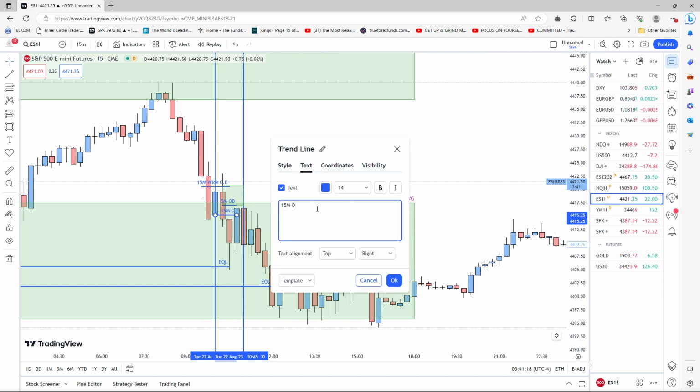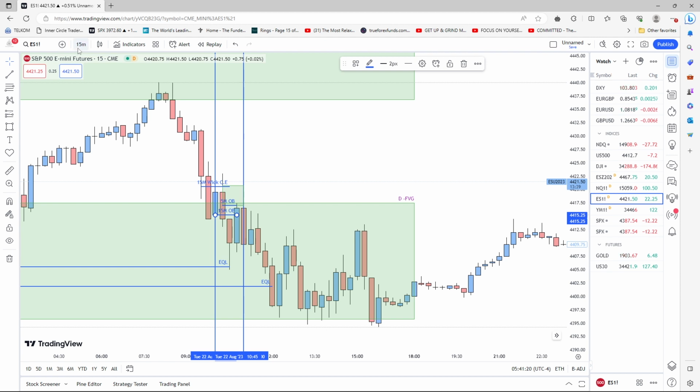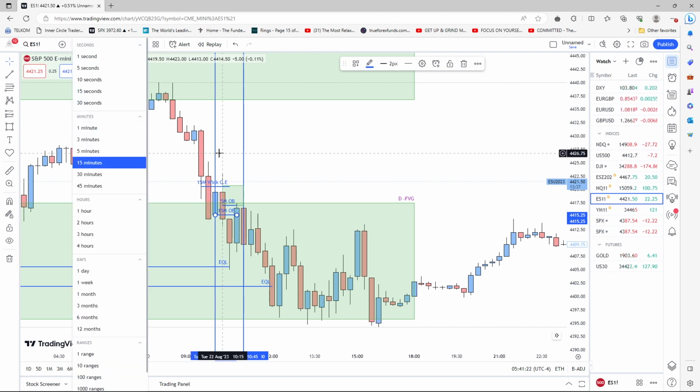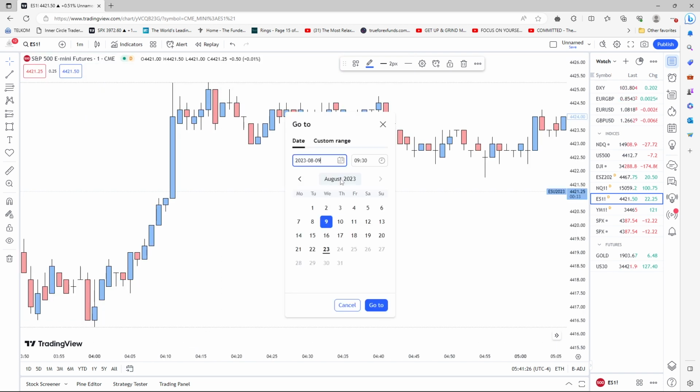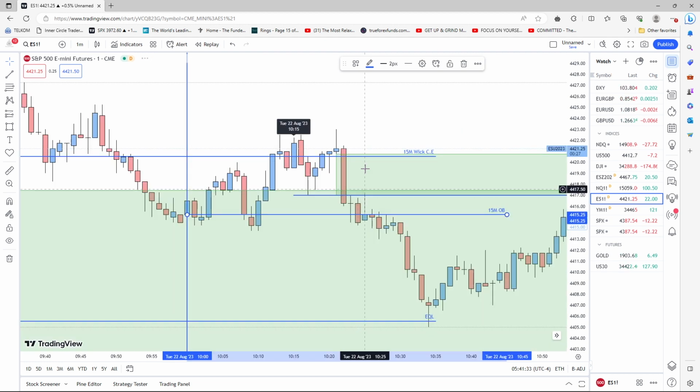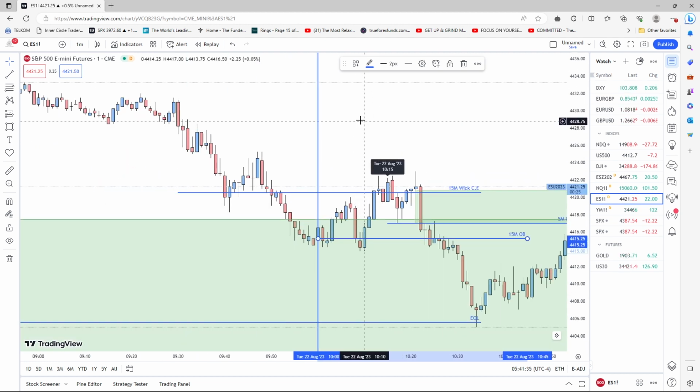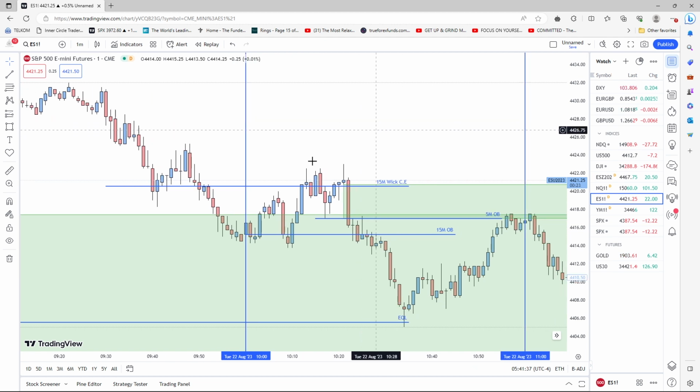Sorry, that was an order block level. You just see 22nd of August, 10:15. Let's just make use of this. 22nd of August. Let's just jump right to it, shall we? Good. So that wick consequent encroachment level would be my higher time frame PD array that we traded into.